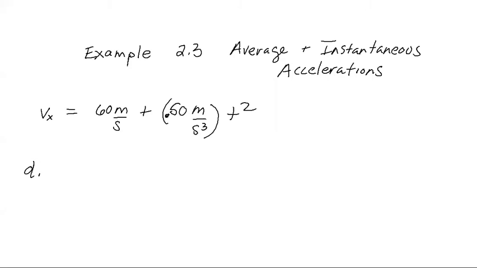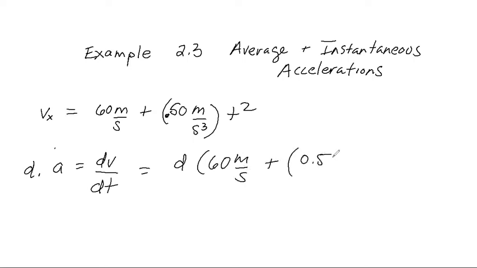All right, finally, part D asks us to find an expression for the instantaneous acceleration. So we have our expression for V sub x, and we want to find a, and we know that a equals dv/dt, which equals d/dt of 60 meters per second plus 0.50 meters per second cubed times t squared.